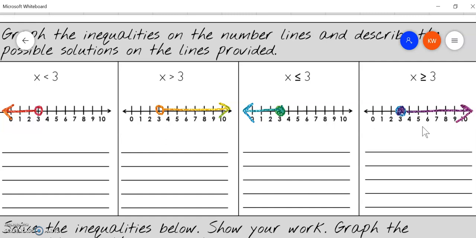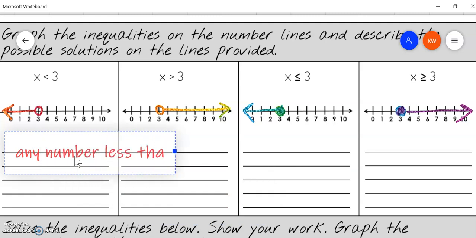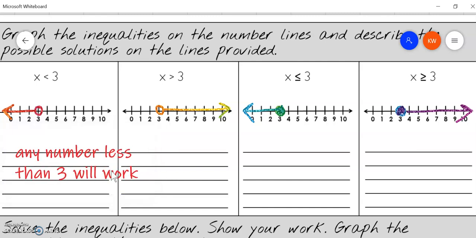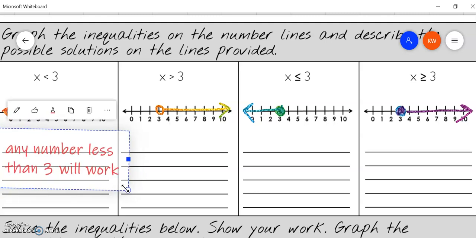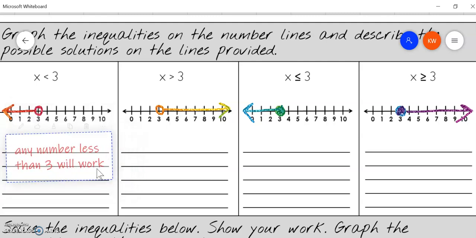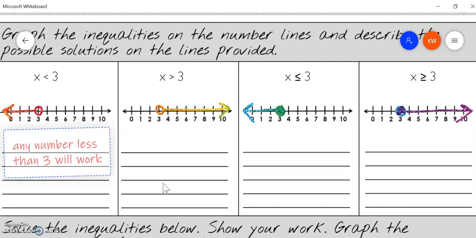Okay. Now, what do these 4 mean? For this first one, this means that any number less than 3 will work. Okay? Pretty simple. So any number that is less than 3 will work for this equation.